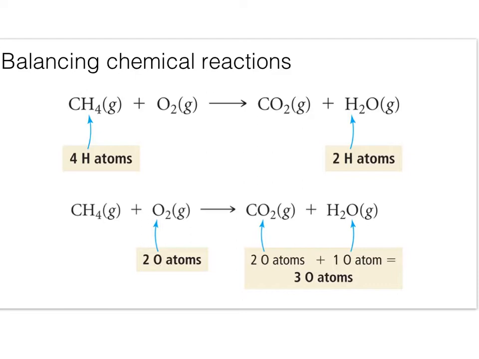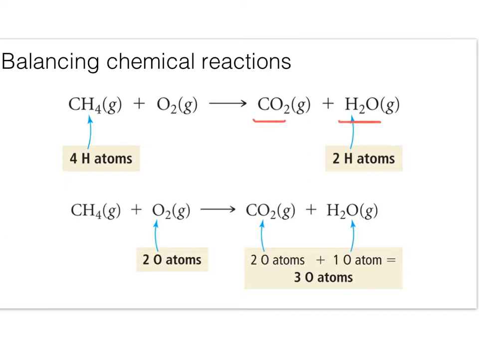That's typically a hydrocarbon source in the presence of oxygen, O2, and that is going to produce two common products, in this case CO2 and water molecules. So you can see here methane gas is going to react with oxygen gas to produce CO2 gas, carbon dioxide gas, and water gas molecules.